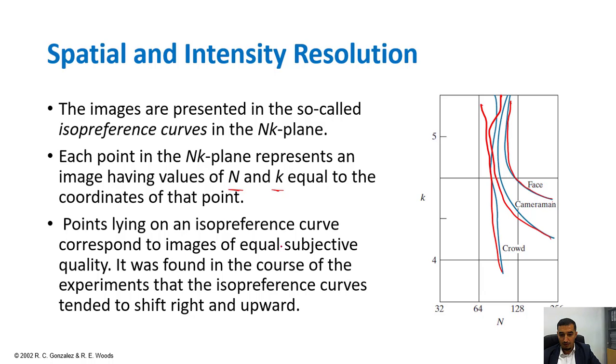Points lying on an isopreference curve correspond to images of equal subjective quality. It was found in the course of the experiment that the isopreference curves tend to shift to the right and upward. If you have an image like this, then you are going to have an image with very high intensity resolution and spatial resolution.